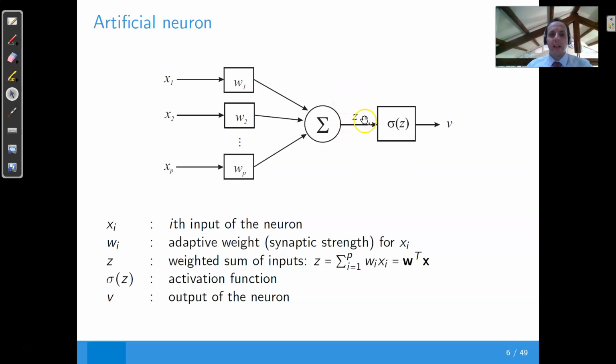The structure is very simple because an artificial neuron is described as a nonlinear function. Normally it is a static nonlinear function whose arguments are the inputs of the neuron. In general, we have p inputs. Normally they represent what we call the patterns used by the network, and normally the output is a scalar, because the output of the activation function, sigma of z, is a scalar.